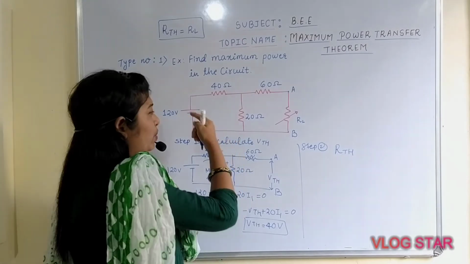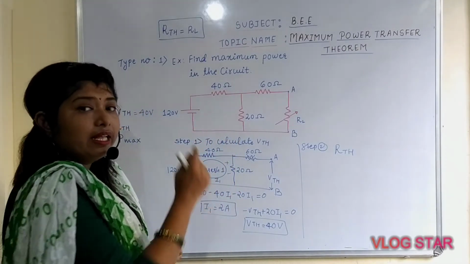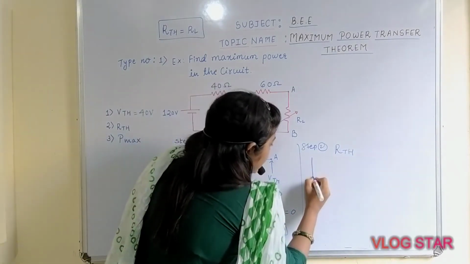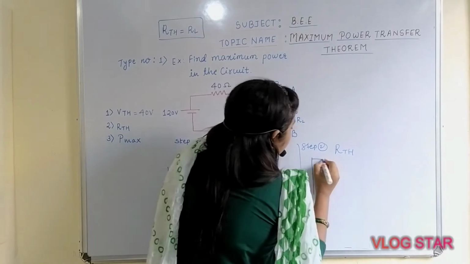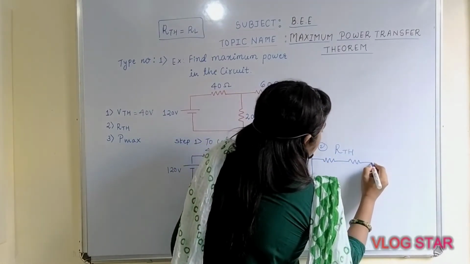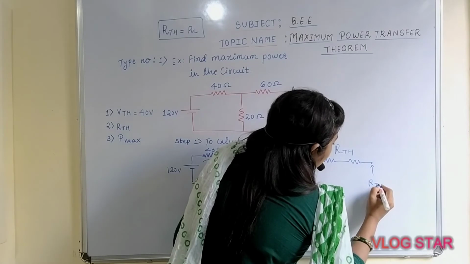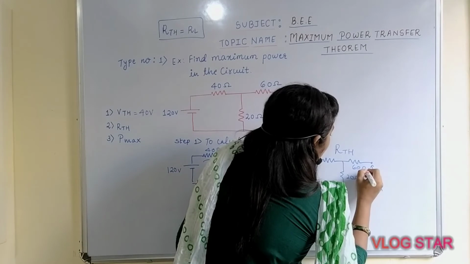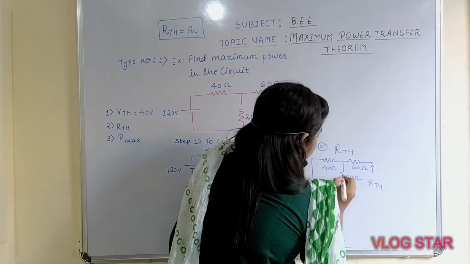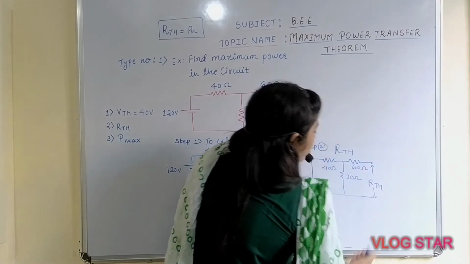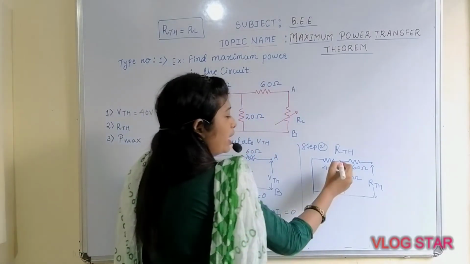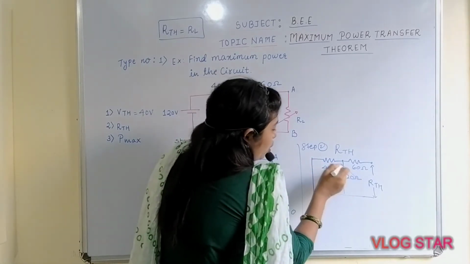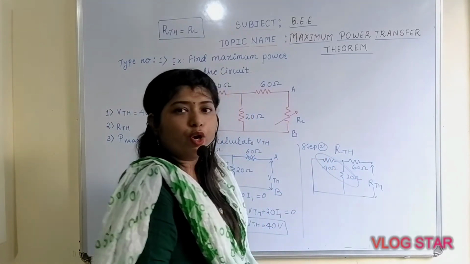Now apply the same procedure on this circuit. There is only one source, the 120 volt voltage source. Simply replace that source by a short circuit, and replace the load resistor by an open terminal, across which you assign RTH. Now let's begin with the 40 ohm resistor. At this point the current gets divided, so the 40 ohm resistor is in parallel with the 20 ohm resistor.